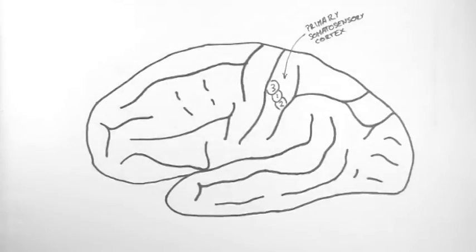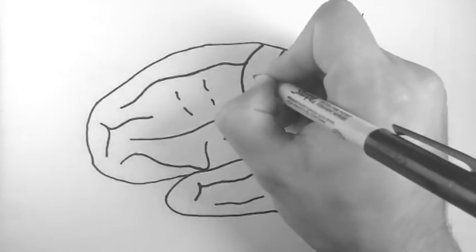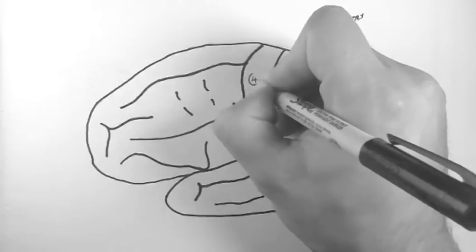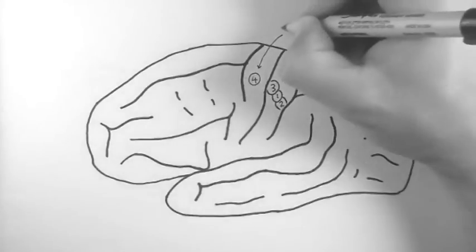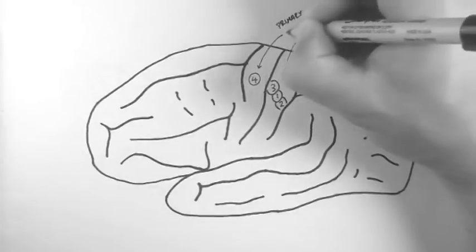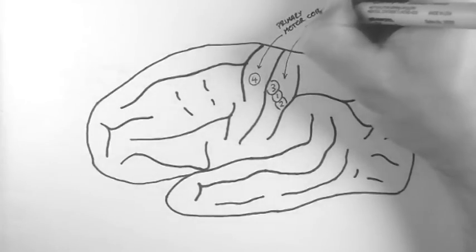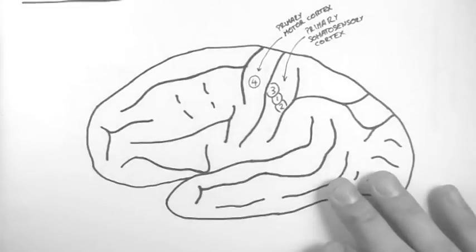They're labelled in this order, 3, 1, 2, by convention. Brodmann area 4, in the precentral gyrus, is the primary motor cortex. So this is a primary control centre for movements of the body.